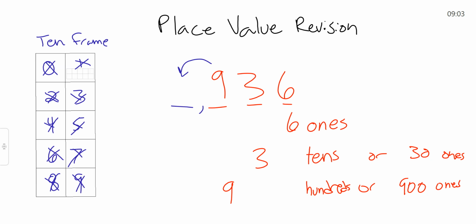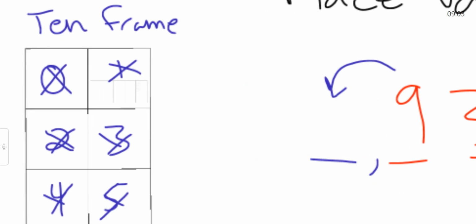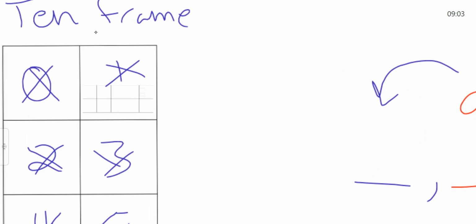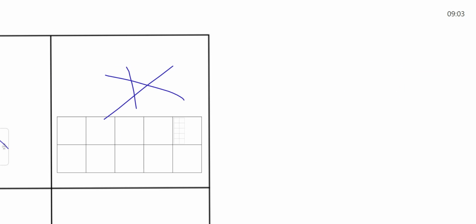Then if we were to zoom in, we see that there's another 10 frame here. This is our tens place.